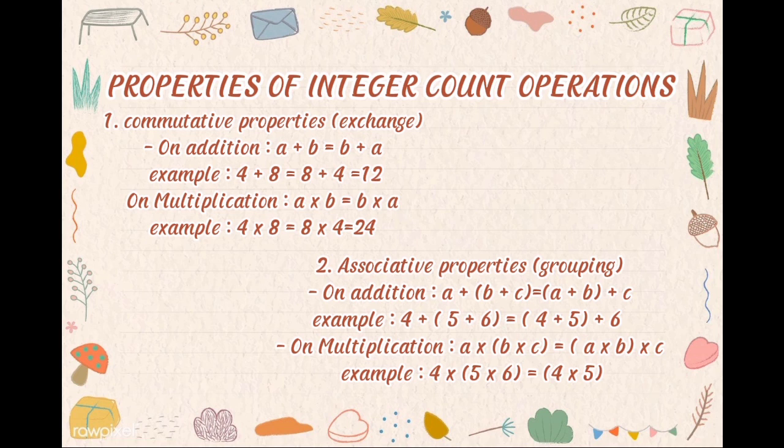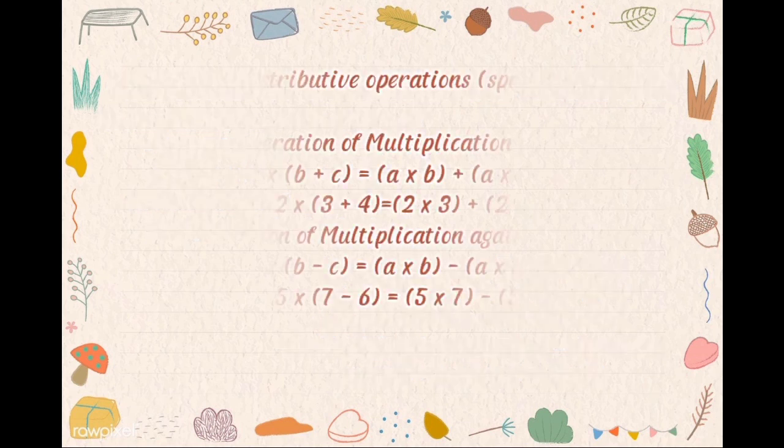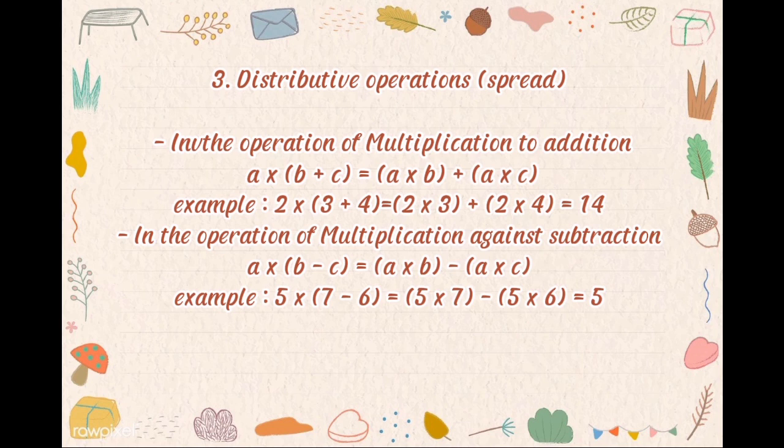In multiplication it is also like that: a times in brackets b times c equals in brackets a times b, times c. Example, 4 times in brackets 5 times 6 is the same as in brackets 4 times 5, times 6 equals 120.